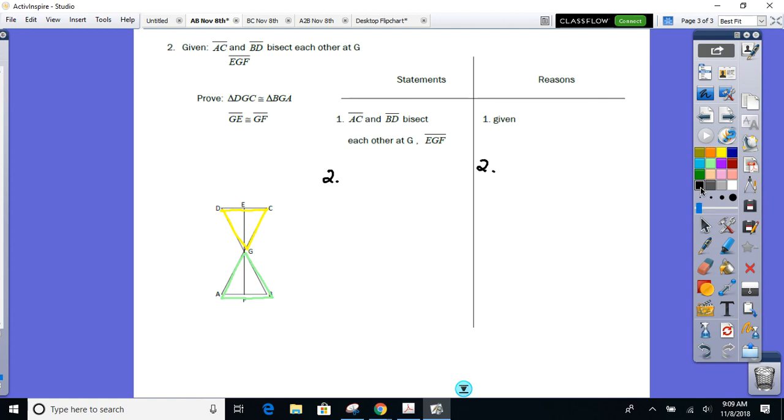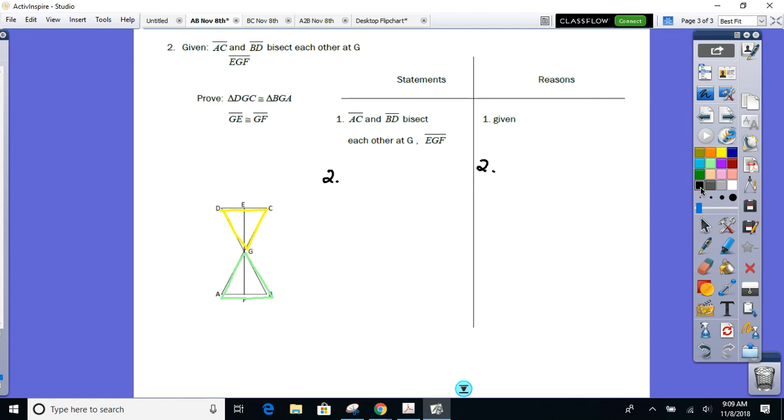AC and BD bisect each other. Not what I need right now. I pretty much should just give up, right? Probably give up on life too, but.